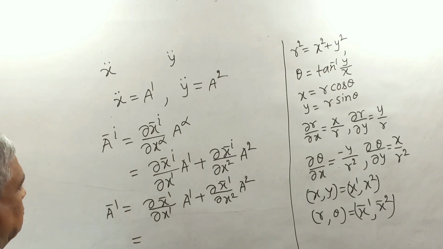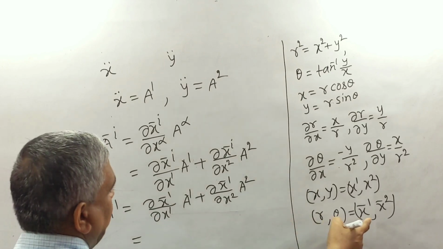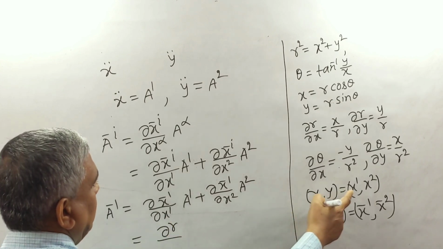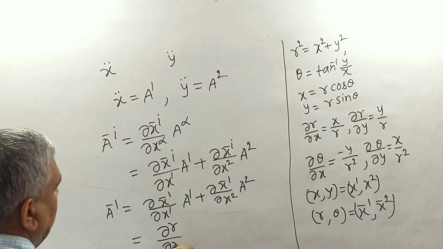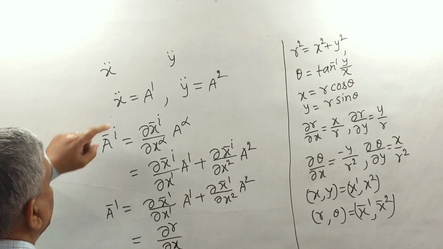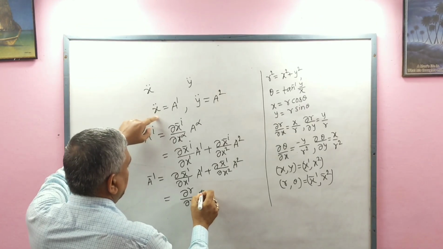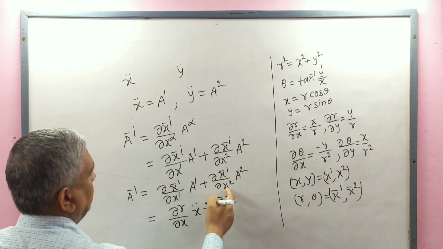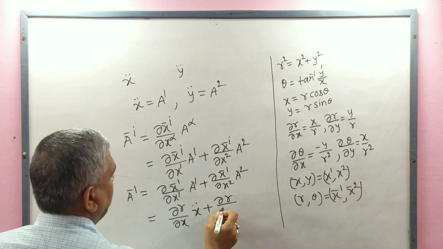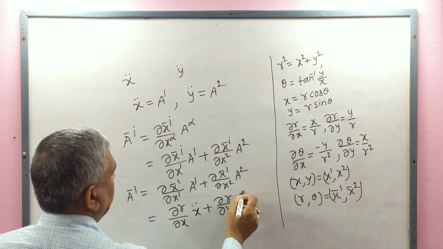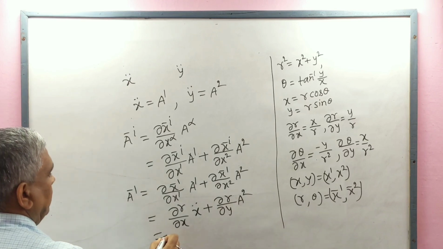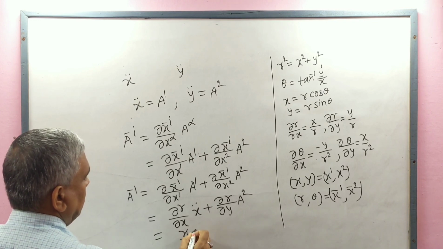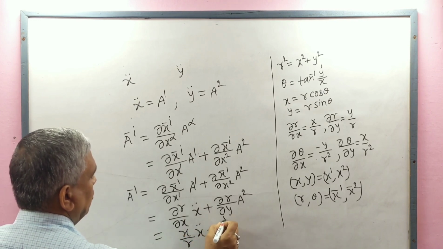This equals del r by del x times x double dot, since x bar 1 is r, x1 is x, and a1 is x double dot. Similarly x2 is y, a2 is y double dot, and del r by del x is x by r, del r by del y is y by r.